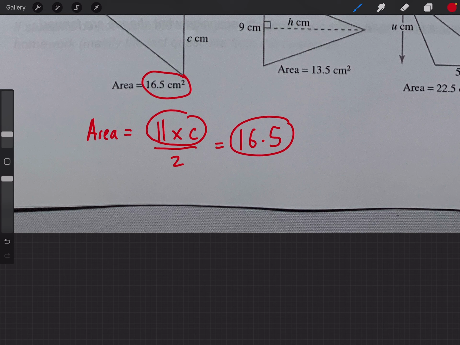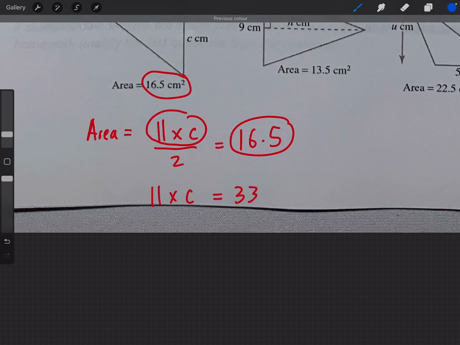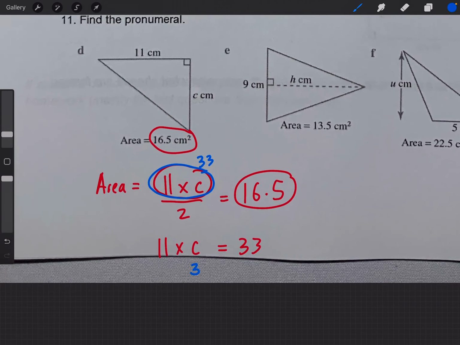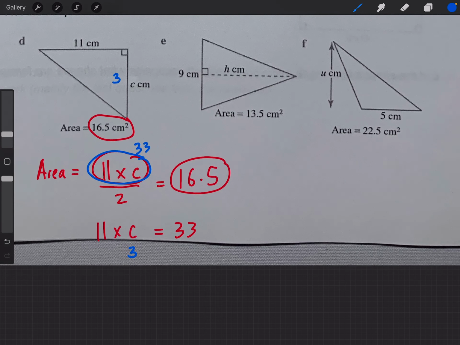Double 16.5 is 33. So that means 11 times c is equal to 33. Because if you think about it, 33 divided by 2 is equal to 16.5, right? So therefore this top part must equal 33. So 11 times what is 33? The answer is 3. 11 times 3. So therefore c must equal 3. Okay. So that's what you're doing.